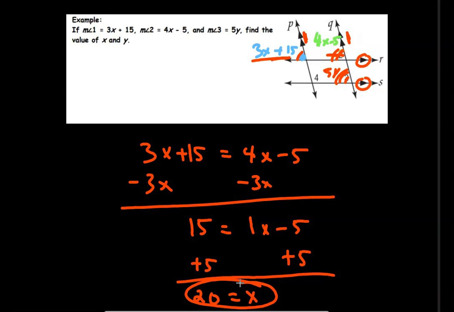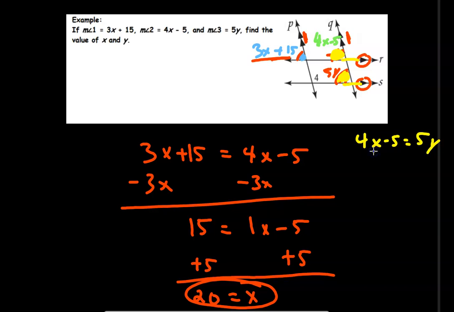X is 20. And then from there, they said find y. Since these two are corresponding, when we look at these two parallel lines, I know that this angle, 4x subtract 5, equals 5y. Since I know what x is, I need to plug it in, because this problem has 2 variables, an x and a y.